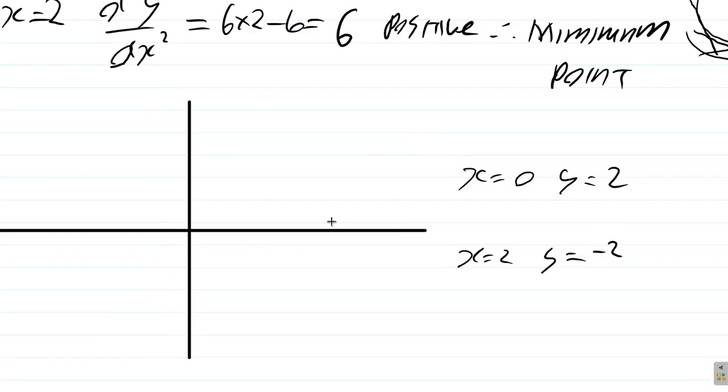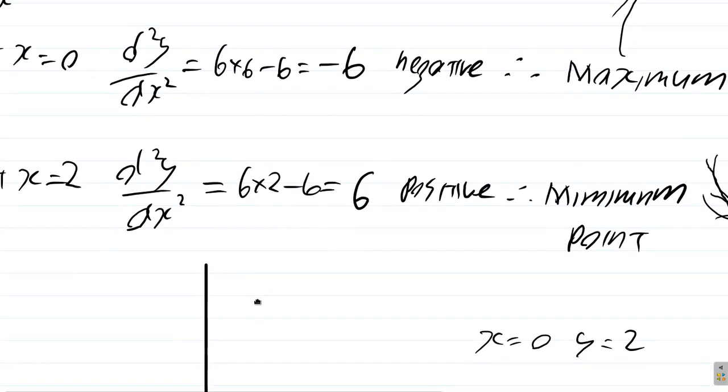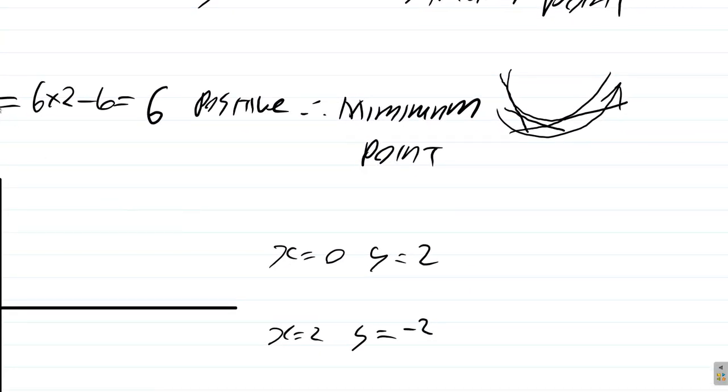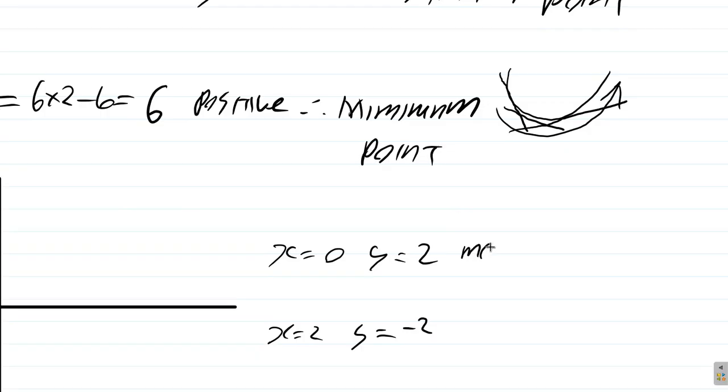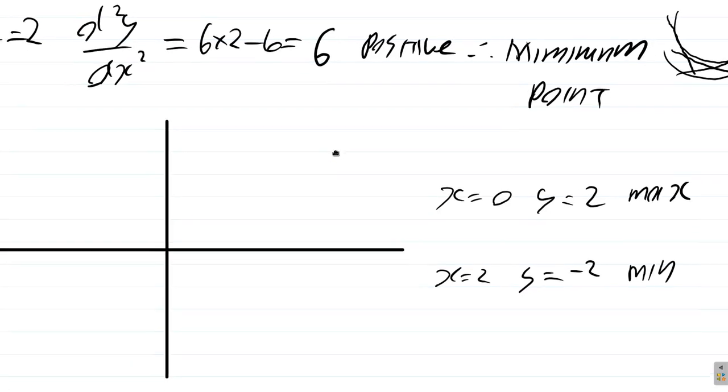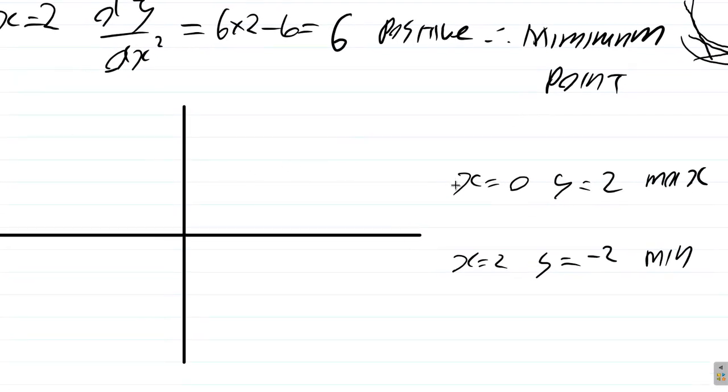Now, here x is 0. That's a maximum point. And x is 2, minimum. So if you should sketch it, x equals 0, y is 2 right here.